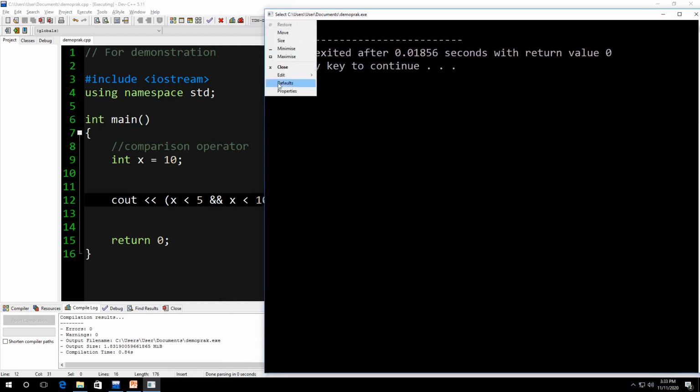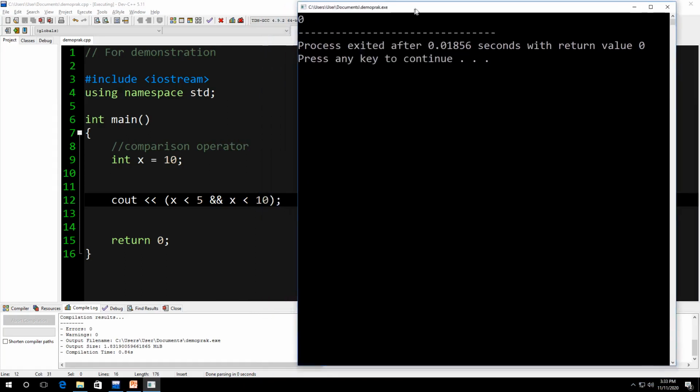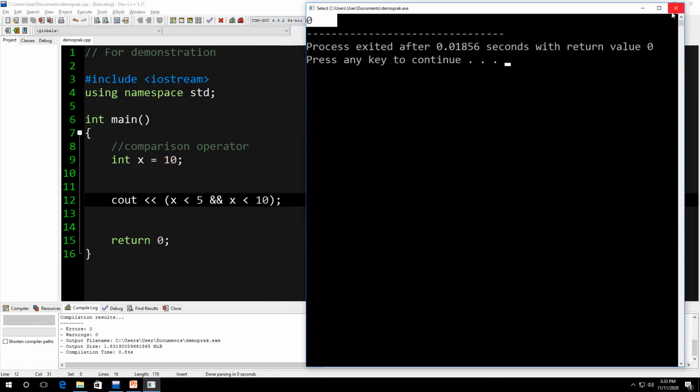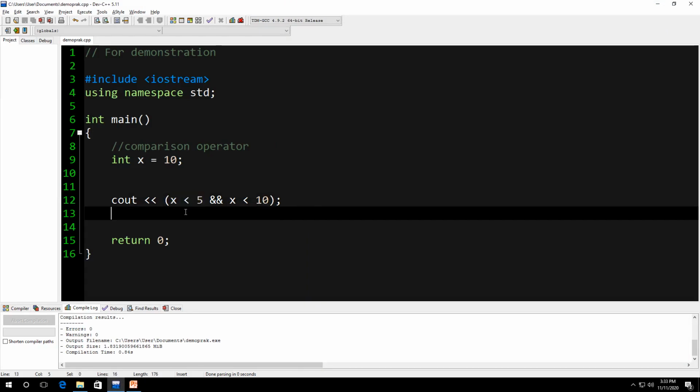And why? In this part, is x less than 5? It is false. And then you have this: is x less than 10? It's still false, since x is 10. So the answer will be false. That's why you got the 0.